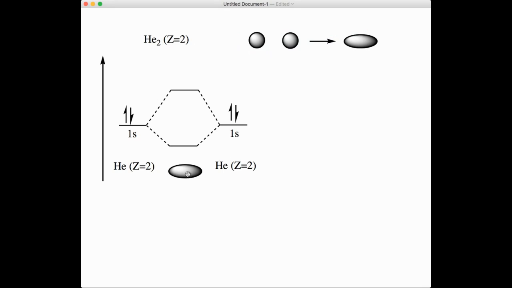And we agree also that because this orbital is cylindrically symmetrical around the axis, we call this orbital a sigma bonding 1s molecular orbital. I'm going to put the symbol now. So that would be the sigma bonding molecular orbital.